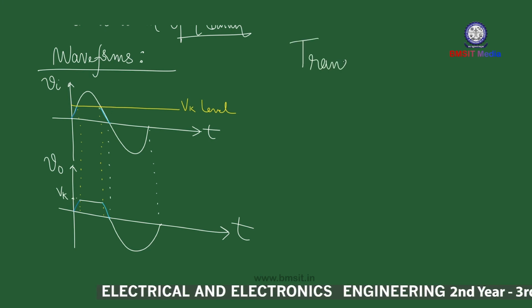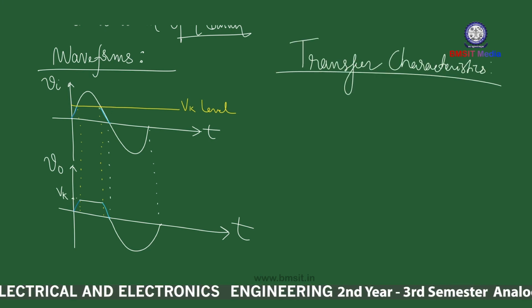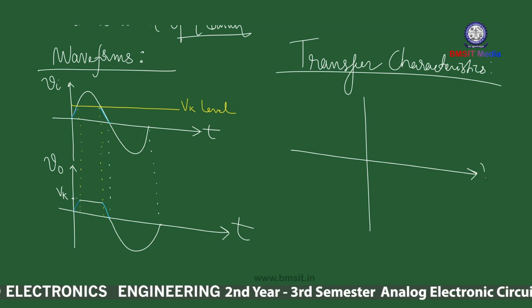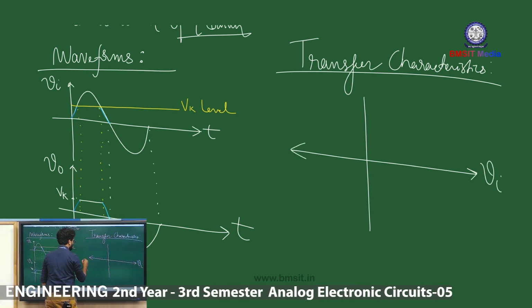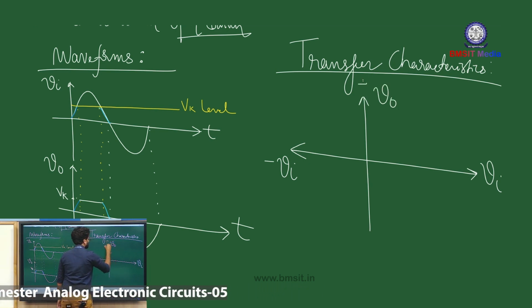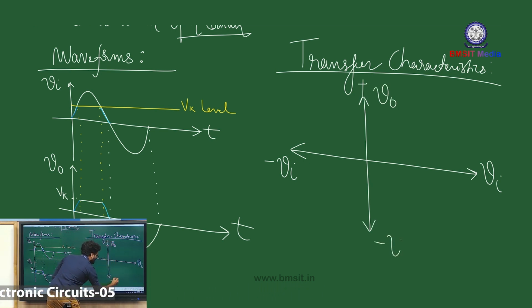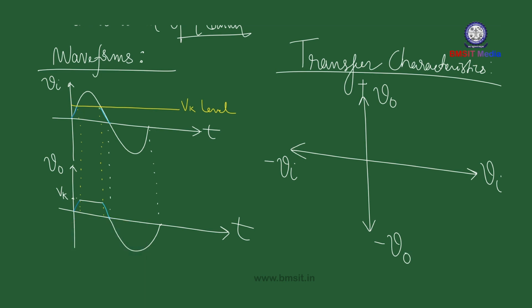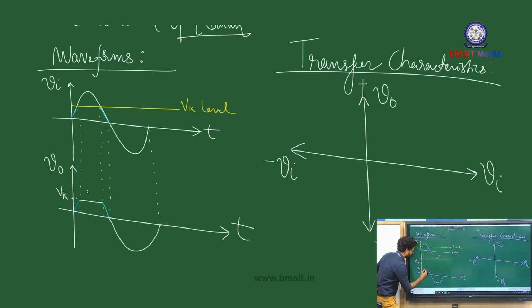Alright, and finally, let us draw the transfer characteristics for the four quadrants: positive half cycle of the input, negative half cycle of the input, positive half cycle of the output, negative half cycle of the output. During the positive half cycle, there are two types of voltage levels. You have a flat line which corresponds to the DC level, and you have a sinusoidal part which corresponds to the AC level.